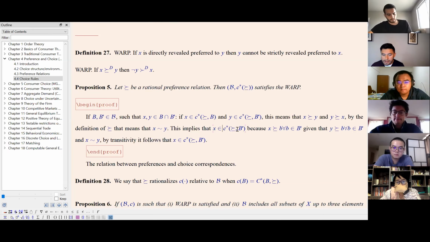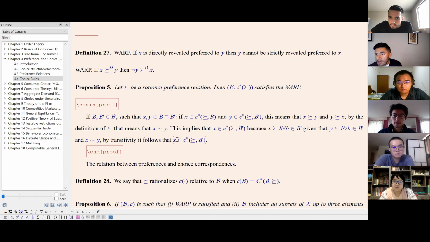So I'm going to check that. X is in the second menu because X is weakly better than B for all B, given that Y is better than all B in this menu B prime. And by indifference and transitivity, it follows that X is also at the top. So two things going on. The premise of WARP is that Y is in the second menu. Got it?